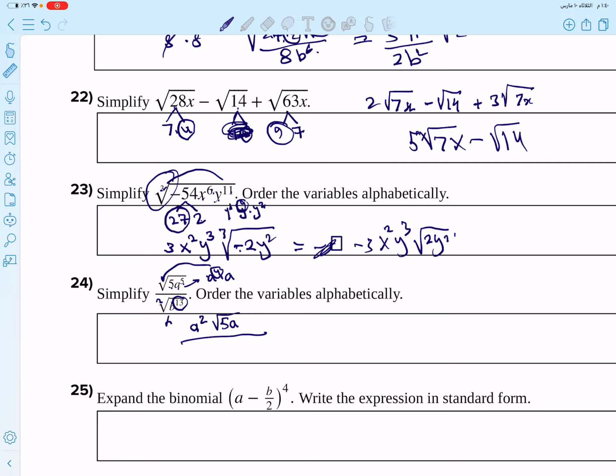I can write it p to the power 12 times p to the power 1. 12 divided by 2, 6. So I have p to the power 6 outside, and keep 1, p to the power 1.